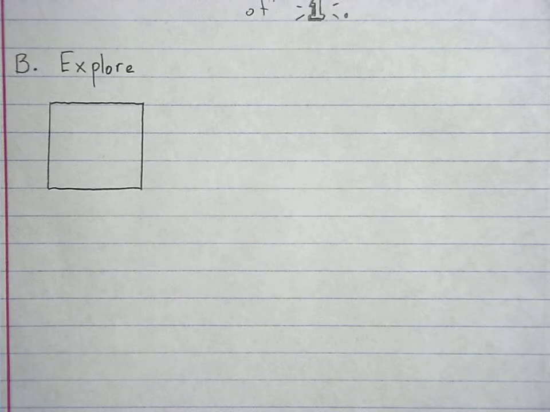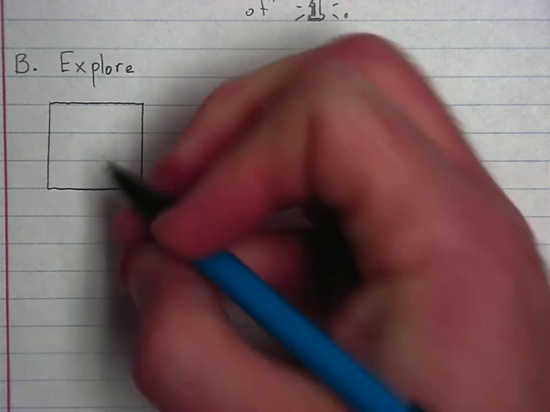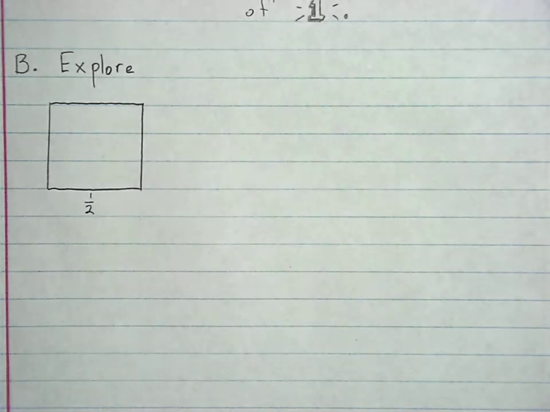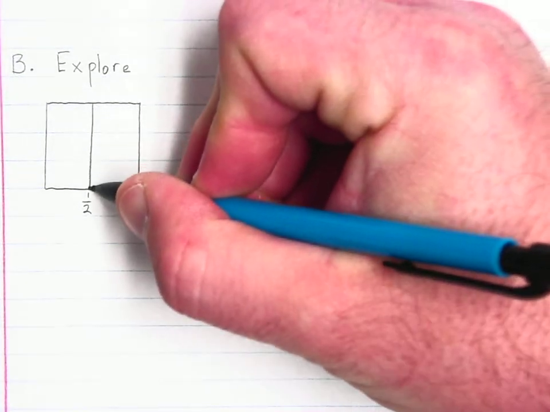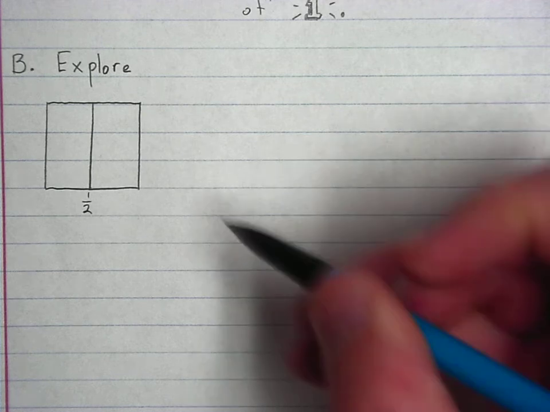It's not going to be perfect, but that's okay. Now, this is going to be 1/2. So I'm going to cut it in half. And my lines are a little darker than normal. You'll see why in a moment.